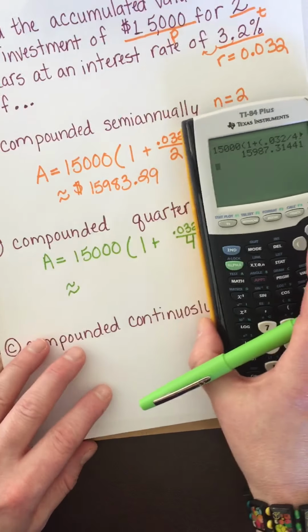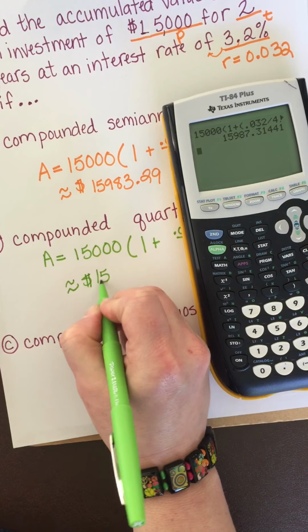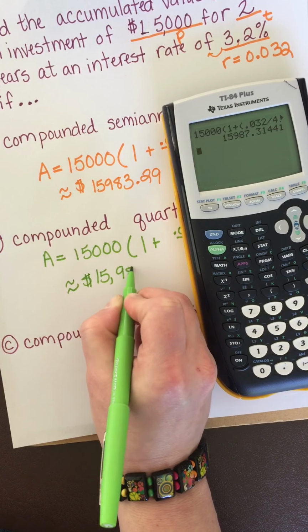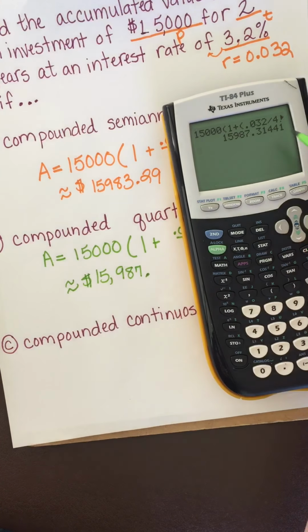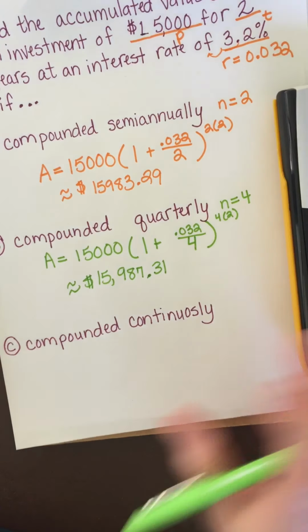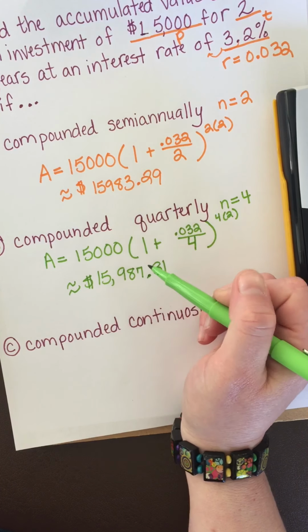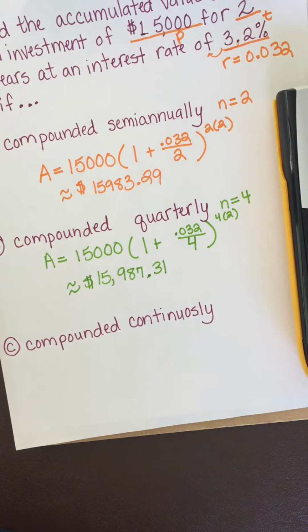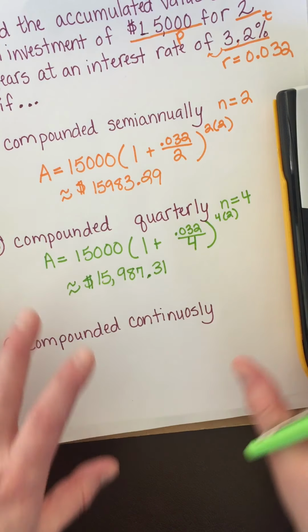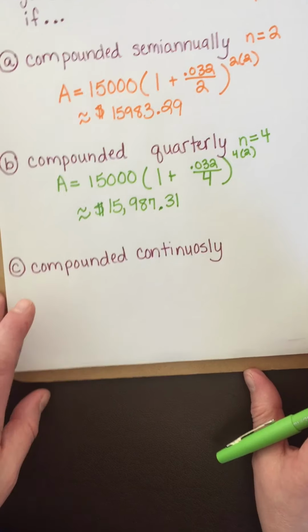And we get, again, rounding to the hundredths place, $15,987.31. That one will look at the 4 and say the same, and 31 cents. So if we go from semi-annually to quarterly, it makes a whopping approximately $4 difference. So not that big of a deal. Not for a $15,000 investment anyway.